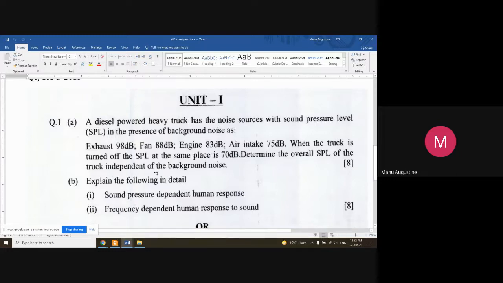Now let me just take down the data here. LP1 plus ambient, this is 98 decibel. LP2 plus ambient is 88 decibel.